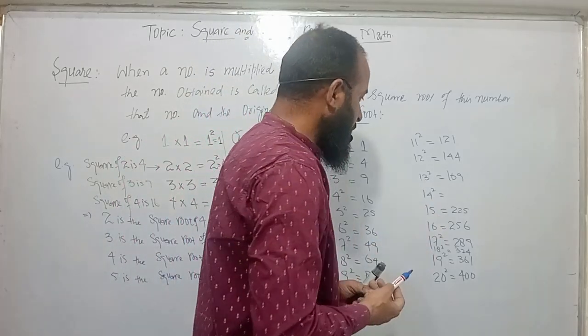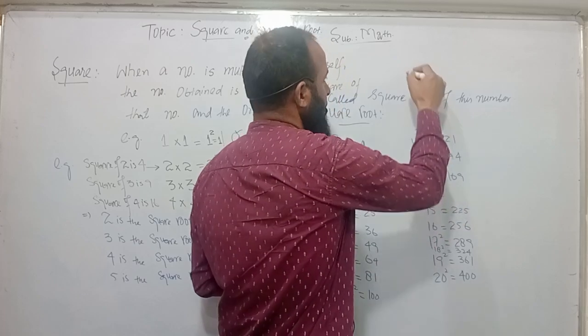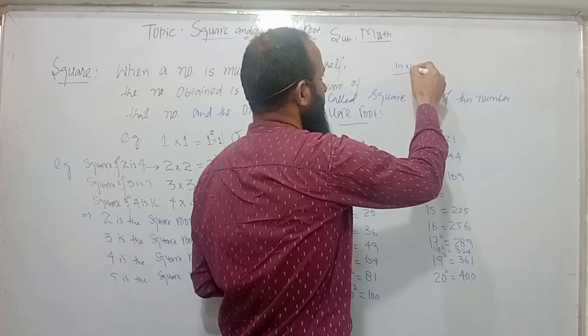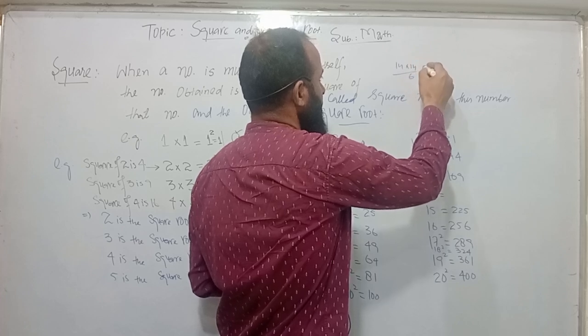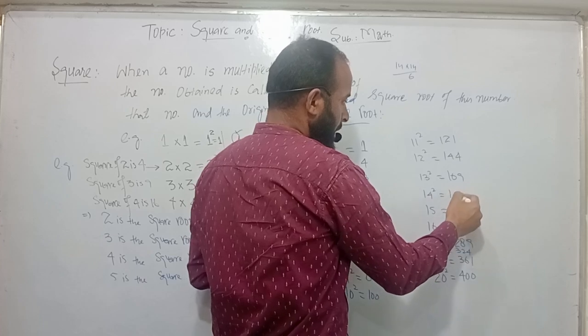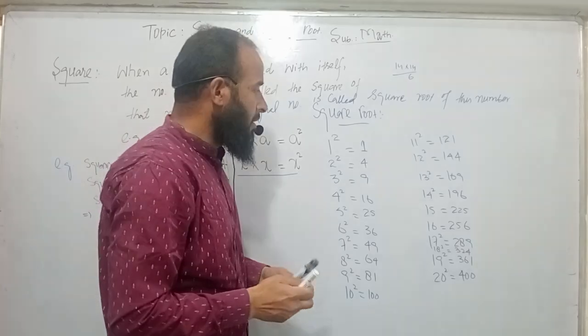And what is 14 square? It is perhaps 184. 14 into 14, I think it is 196. Perhaps it is 196.